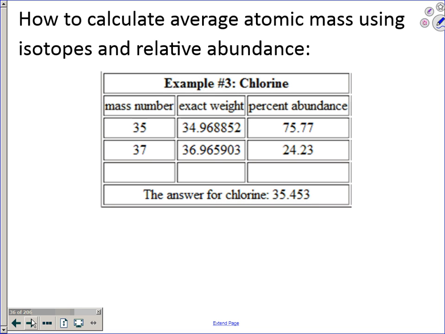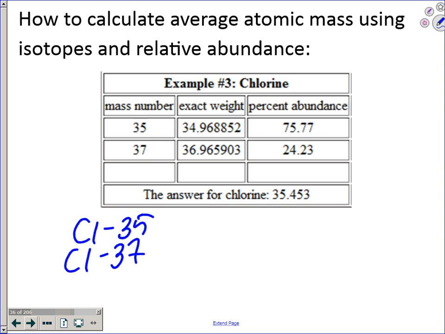So let's do this sample problem, and then we'll finish up with the medium. In this sample problem, we have 2 isotopes. Write down the 2 isotopes: chlorine 35 and chlorine 37. Fewer isotopes than what you were dealing with in the lab, but I've already taken all the isotopes in the world and counted out chlorine 35 separately from chlorine 37, and I know their exact weight. Chlorine 35 is 34.968852.